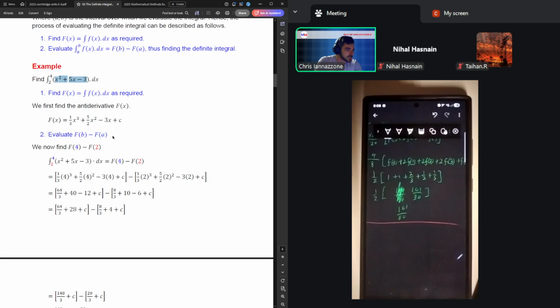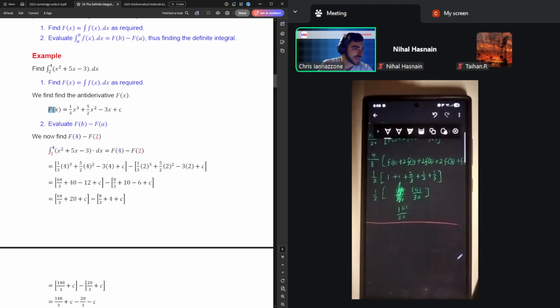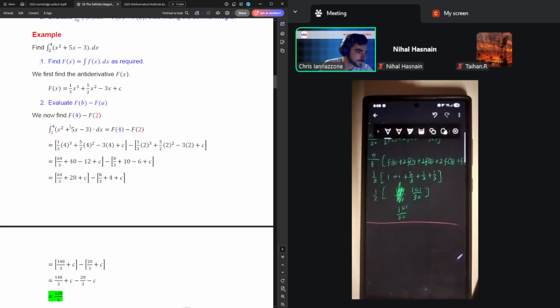Power goes up, and then divide by that raised power. Constants get their x, and then they always have this plus c associated with them. We have our capital F of x, the antiderivative. Now we're going to do capital F of top minus capital F of bottom. Top is 4, bottom is 2. F of 4 minus F of 2.